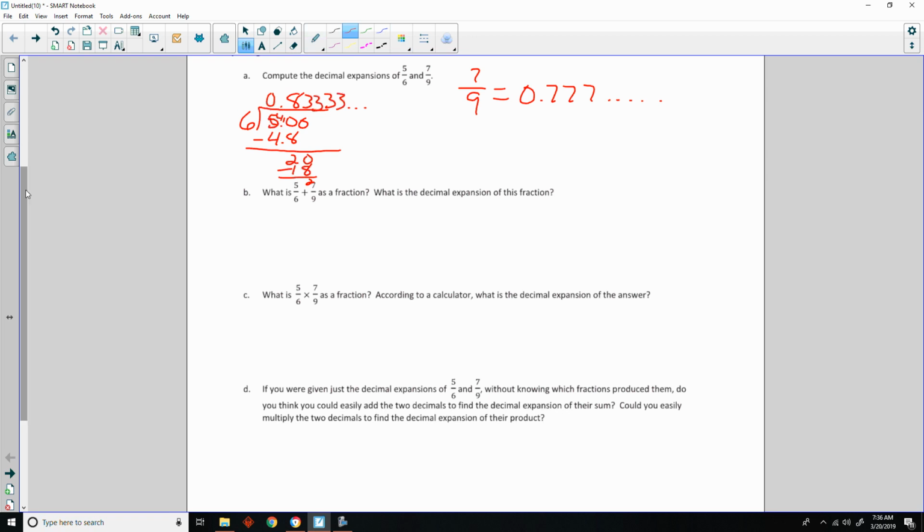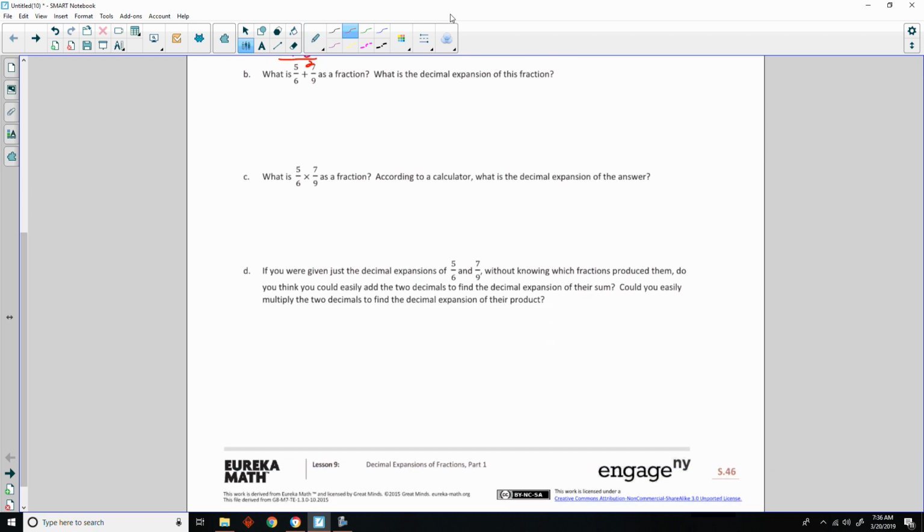Okay, number 2, or part B. What is 5/6 plus 7/9 as a fraction? When we add fractions, the denominators have to be equivalent.